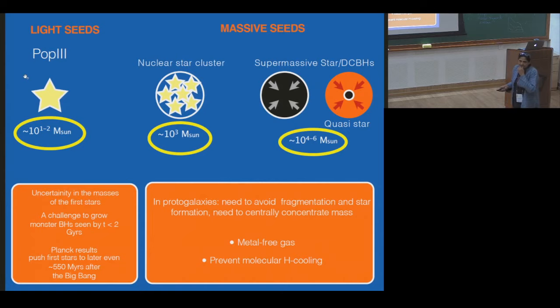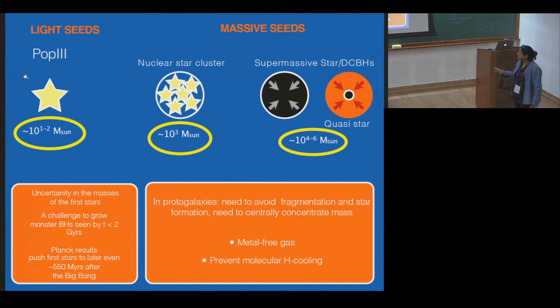Oh, no, but that's the key. The key issue is that fragmentation is permitted, cooling and fragmentation occur here, while cooling and fragmentation are suppressed here, and so this is a much rarer channel, and this is a more ubiquitous channel. This requires a lot of special conditions, as we just saw, right? You have to have metal-free gas, you have to prevent molecular hydrogen.